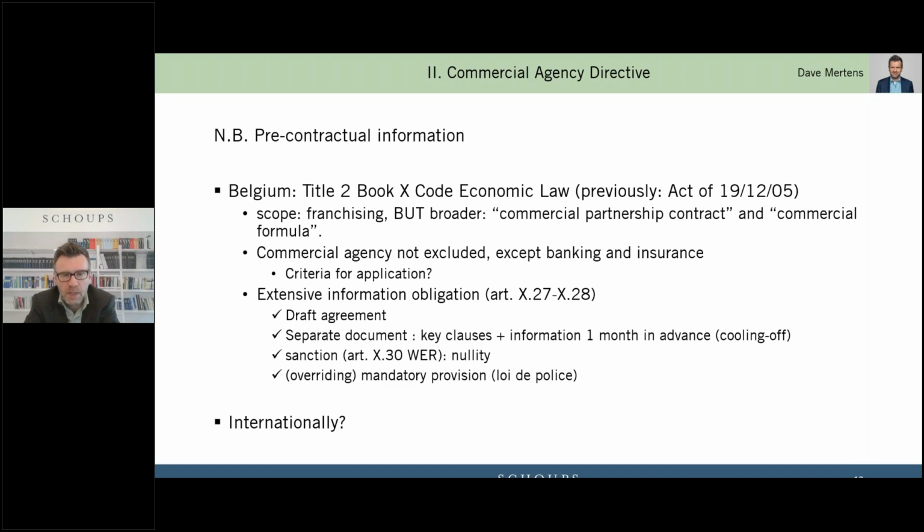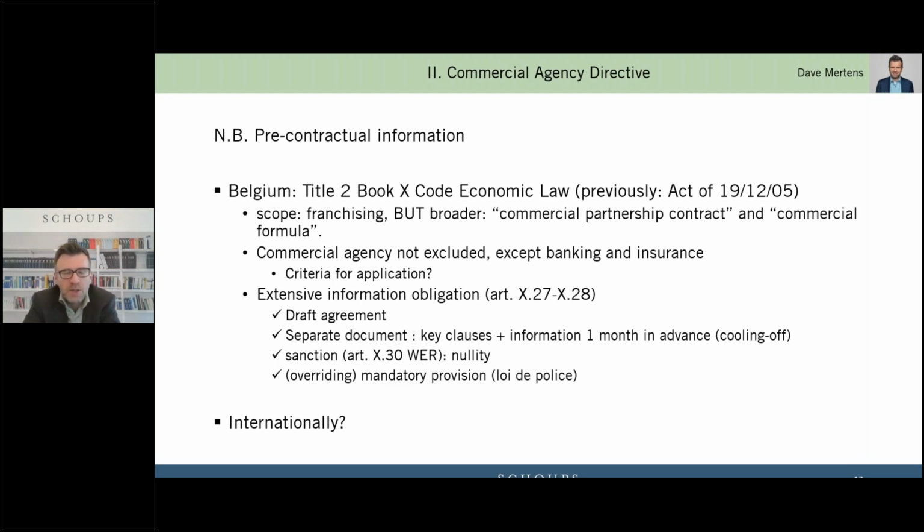So that was quite unexpected, and also a bit problematic because the criteria are a bit vague. Email address, business card, commercial information brochures given by the principal: many principals have these things, so you could fear that many of your commercial agents might fall within the scope of Title II as well.